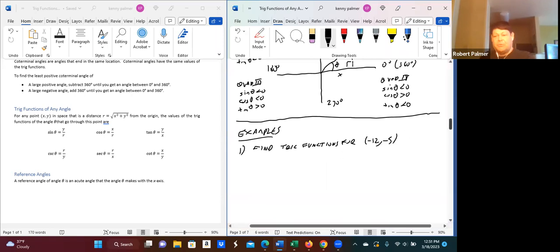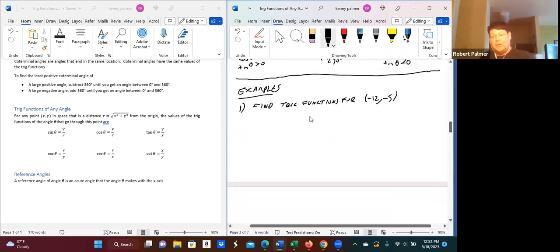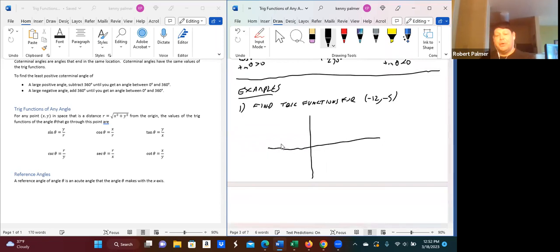First, let's draw that. First, I'm going to figure out which quadrant you're in. And of course, in this case, you're in quadrant 3 since they're both negative. So -12, -5. Let's say it's about right here. Okay, so let's make a little triangle.